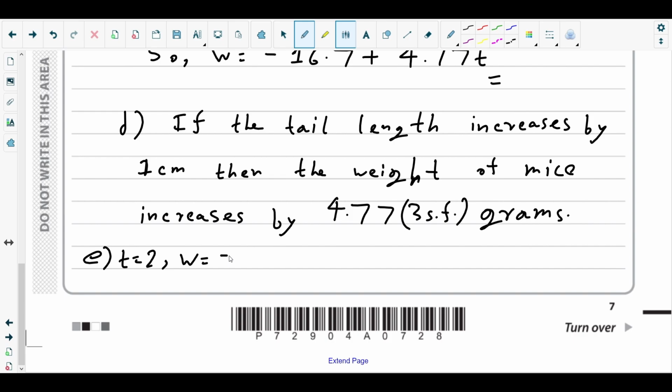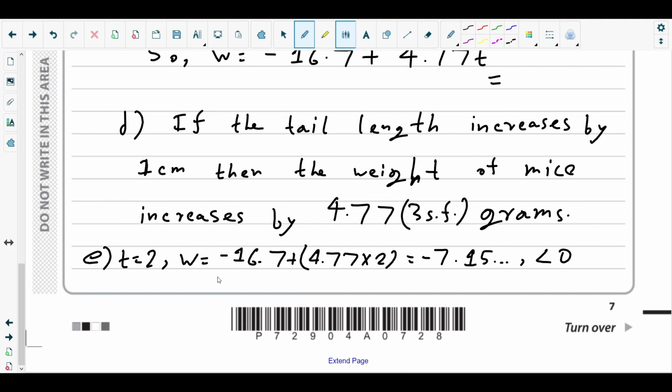It's basically negative 16.7 plus 4.77 times 2. That would give you a negative value, isn't it? Yes, it's negative 7.15 something, which is less than 0.